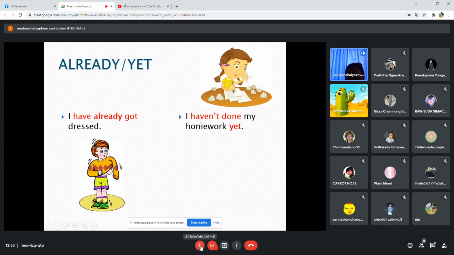Negative. So what form of a sentence is this one? Interrogative, negative, or affirmative? Negative. Well done. Because have is added with the word not, it becomes haven't. Okay. Very good.